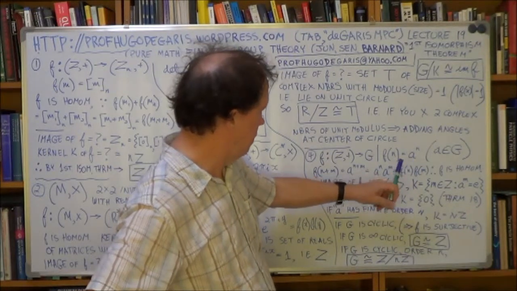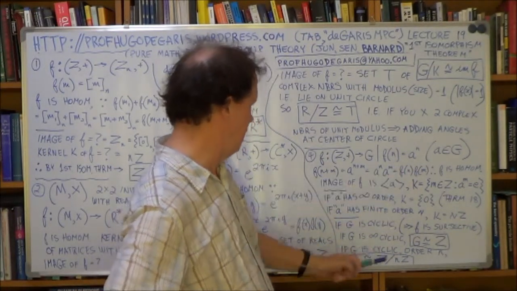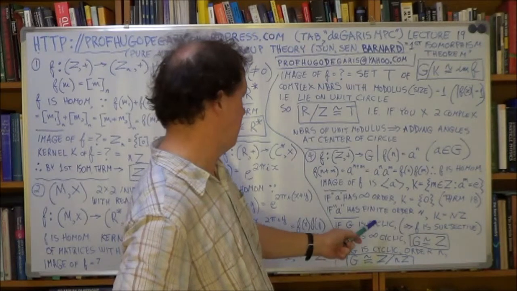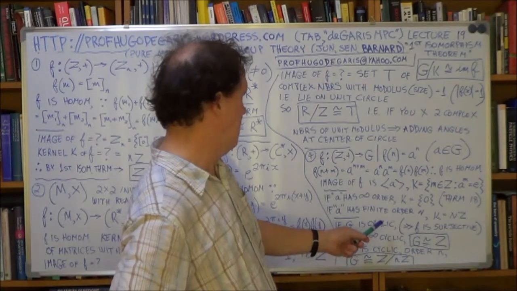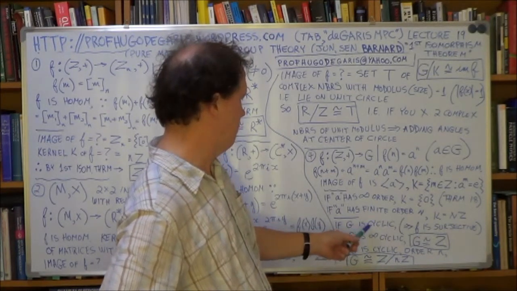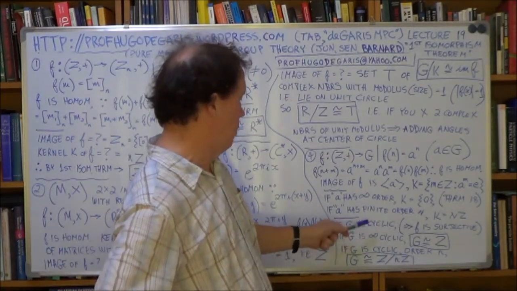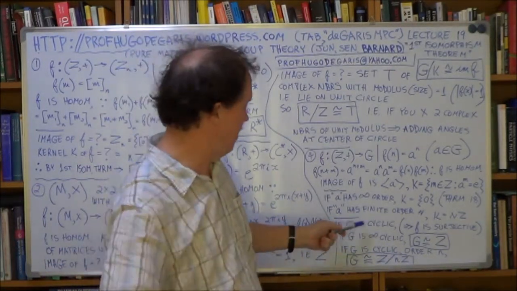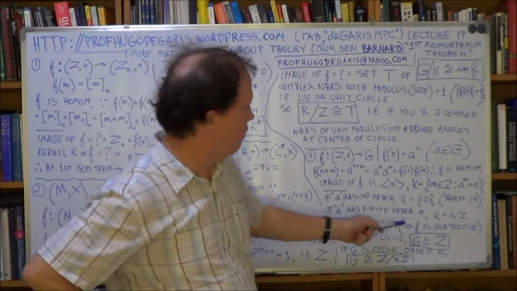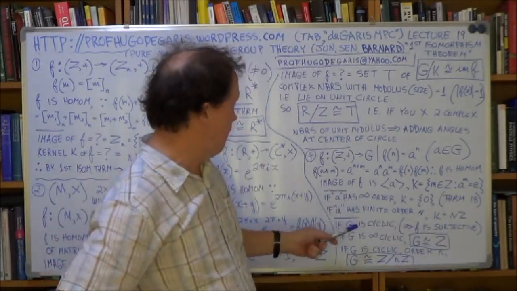So we can find, what is A? It's just any A? Cyclic. That's not clear actually from the text. Well, I need to think a little myself. I'll throw that out as a challenge too.